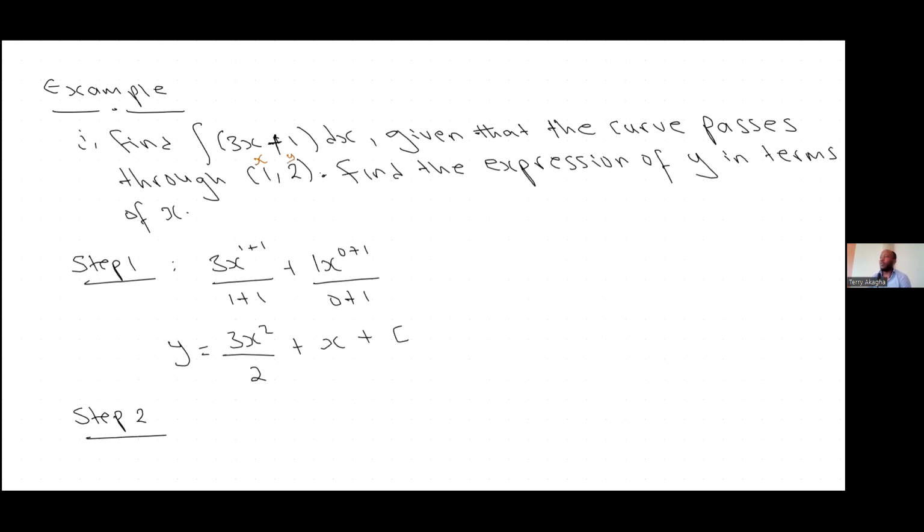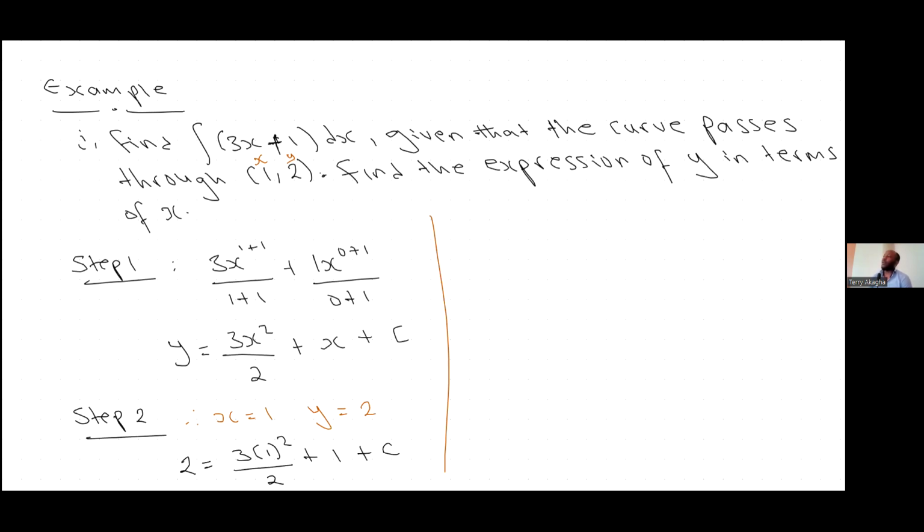So therefore, we can now say the x is equal to 1 and the y is equal to 2. So basically, we are going to put this into the equation. So let's go back and put it back. So 2 will be equal to, so anywhere you see x, you put 1, and anywhere you see y, you put 2. So it's going to be 3 times 1 squared over 2 plus 1 plus C.